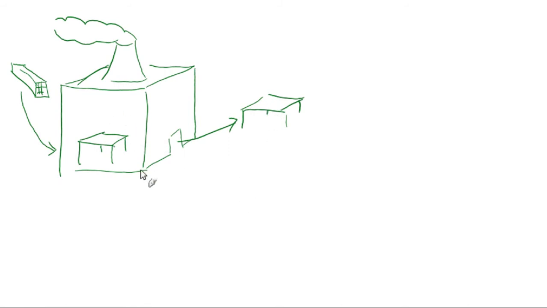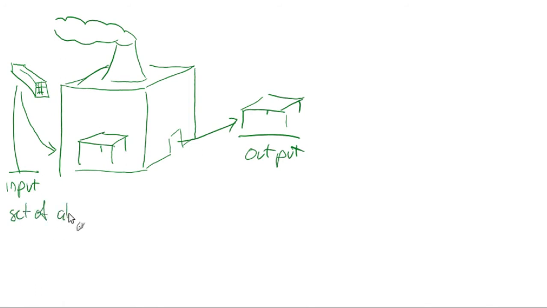Now, that's a pretty simple thing. And if you can remember this picture, it's going to help you a lot to understand what a relation is, what a function is. The important things about functions and relations is, first, that they have input and output. Okay? And the set of all the inputs is called the domain.